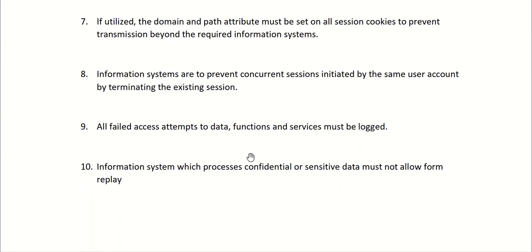And then let's go on to the ninth point. All failed access attempts to data, functions and services must be logged. Always remember, for any kind of access to your web APIs, REST services or microservices, whether it is success or fail, always put tracing into your logs so that you can identify the various attempts made to take access to your web applications or web services.